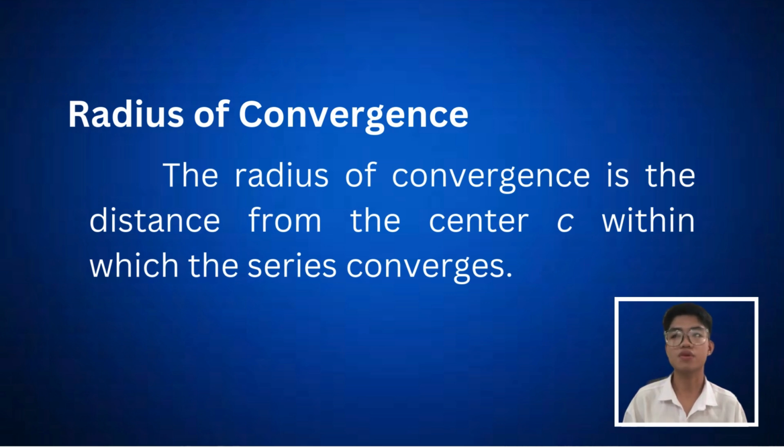Mathematically, the series will converge when the absolute value of x minus c is less than r. If the absolute value of x minus c is greater than or equal to r, the series will diverge, meaning it does not give a valid result. We can determine the radius of convergence using methods such as the ratio test or the root test.